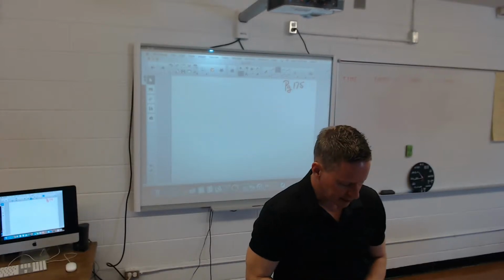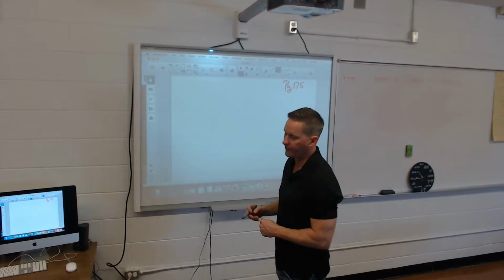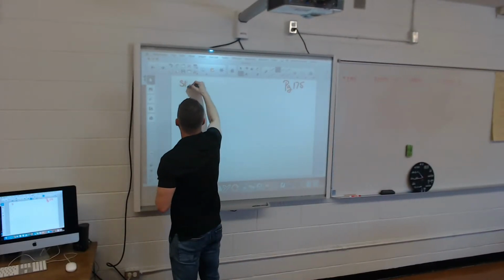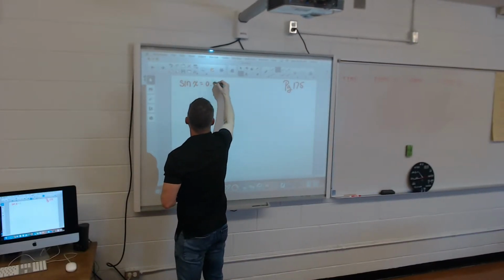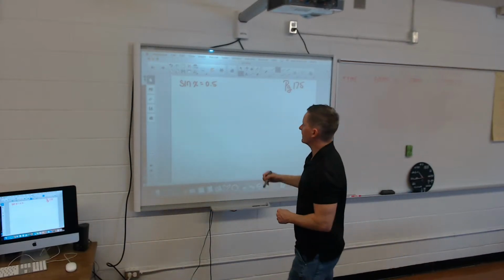It says solve each equation over the specified interval. So solve sine x equals 0.5, over 0 degrees less than x.